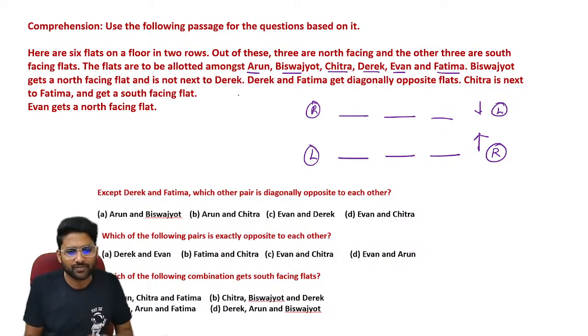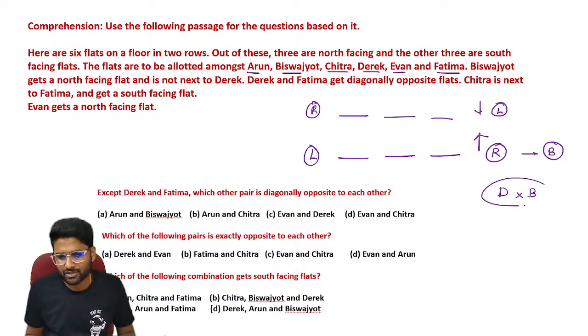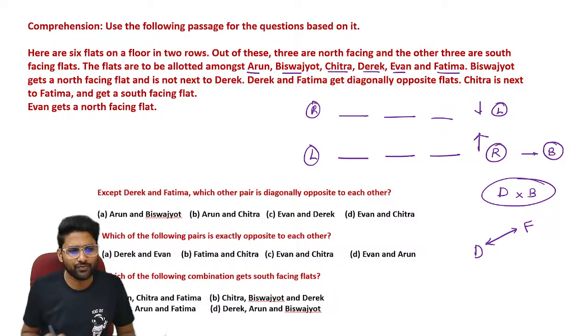B gets north facing. Okay, B should be arranged here. B is not next to D, so D and B are not next to each other. And D and F get diagonally opposite places. Diagonally opposite means you have to place in this way, D and F. Chitra is next to Fatima.